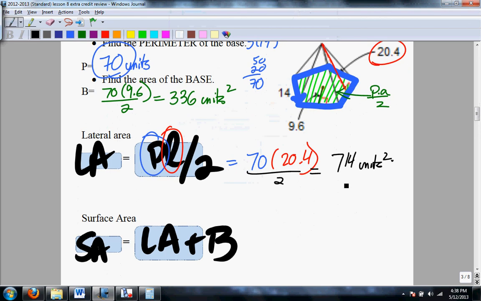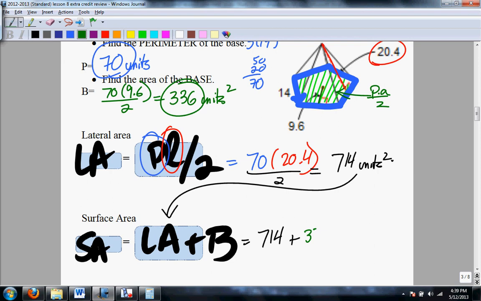For our surface area, we take our lateral area, 714, plus, we only have one base here, 336. I'm going to move that here and just add that by hand. That's going to be 10, carry the 1, that's 5, 10. So our answer is surface area equals 1,050 units squared.